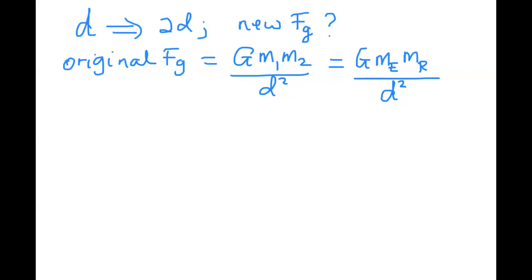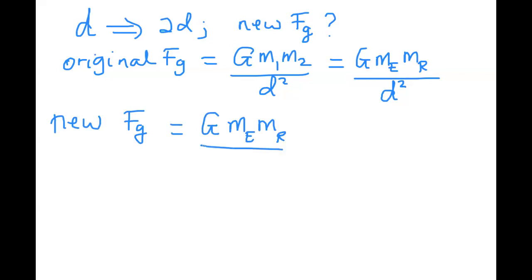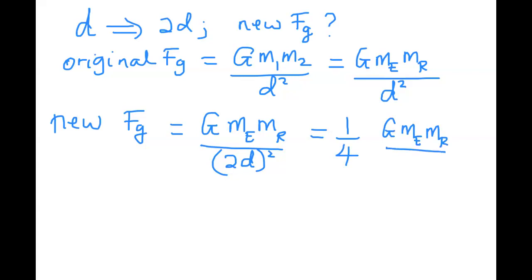The new gravitational force will be: G is the same, the mass of the Earth is the same, the mass of the rocket is the same, but now the distance goes to twice the distance, so 2d, and then you square that. When you do that, you end up with 1/4 times G m e m r divided by distance squared.